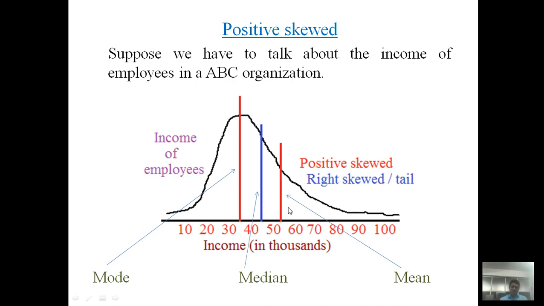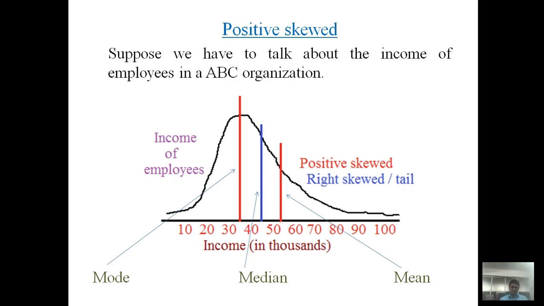From this distribution, it is shown that the major employees lie in this range because it takes the peak value, approximately between 30 and 40. So roughly, the major employees of ABC organization get a 35,000 salary.